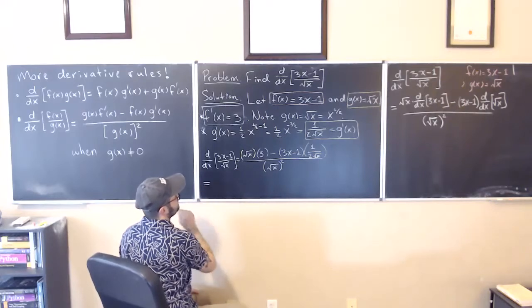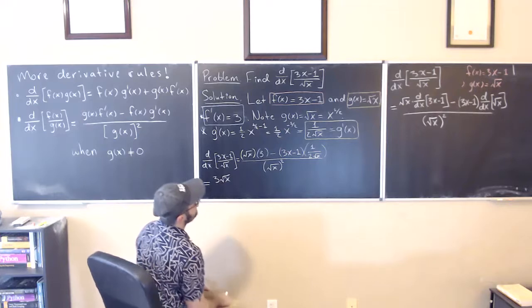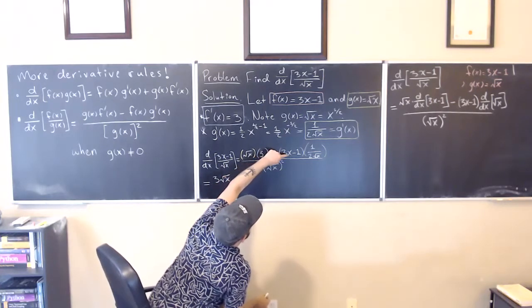So this is equal to 3 root x, and then we have minus that.